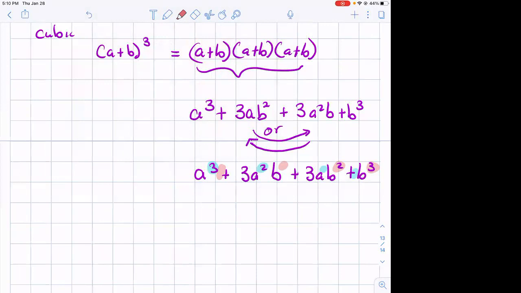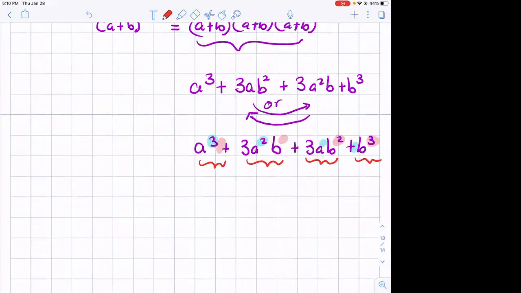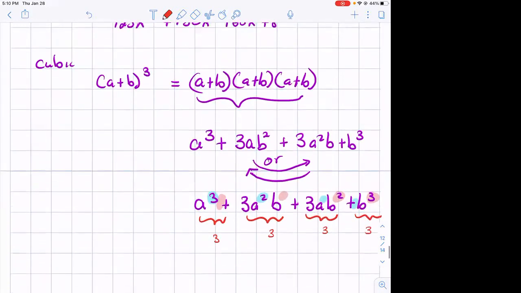In addition, if you add the powers of these two terms, what do you think you are going to get? Only the powers. The power here is 3, the power here is 3, the power is 3.